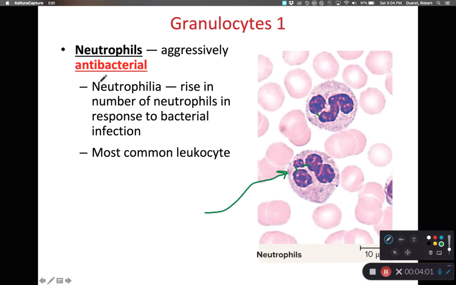Another thing to focus on with the neutrophils is that their granules, or the speckles, are fairly faintly stained. When we think of neutrophils, I want you to think antibacterial. If somebody has neutrophilia, they have abnormally high concentrations of neutrophils in their bloodstream, and that's a key clinical indicator that that individual is battling some kind of bacterial infection.